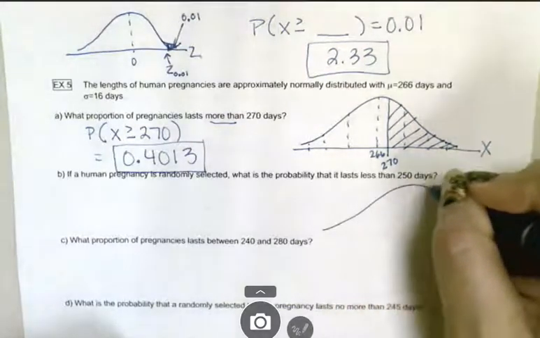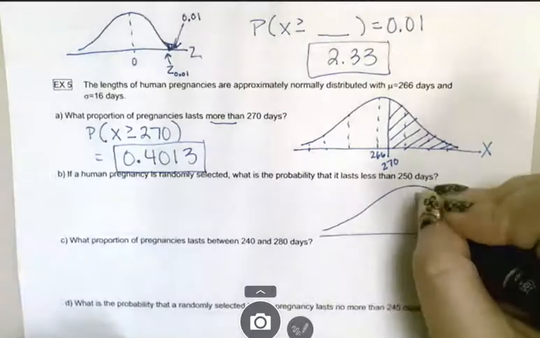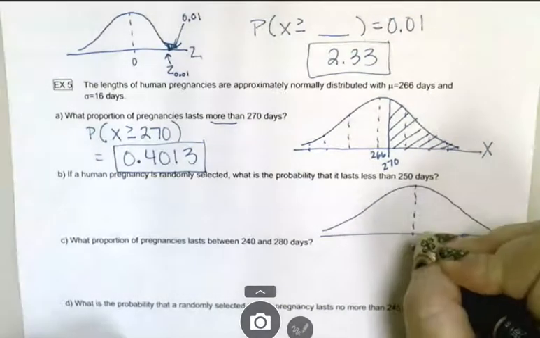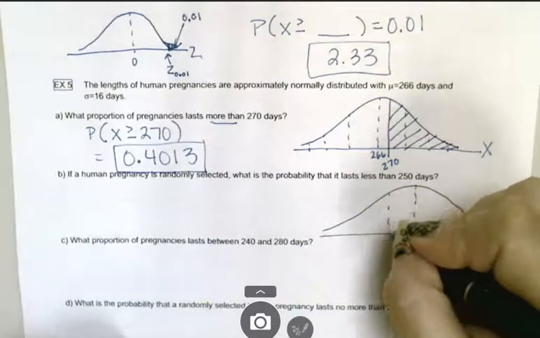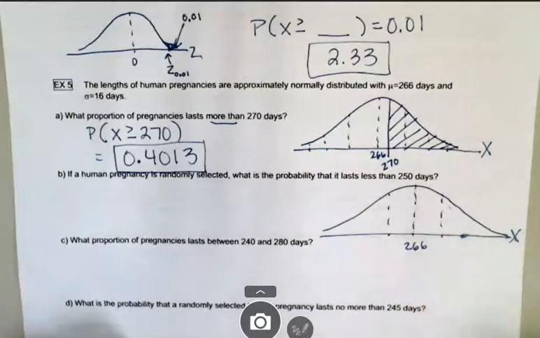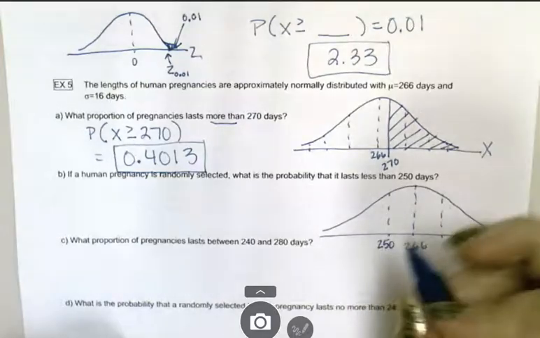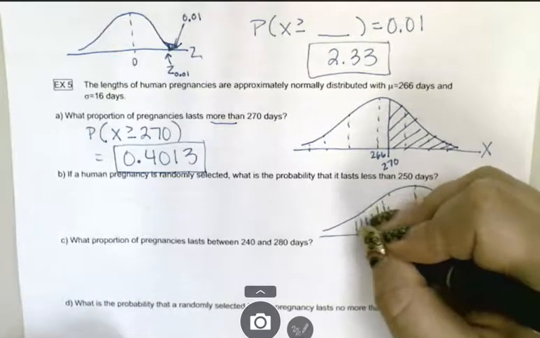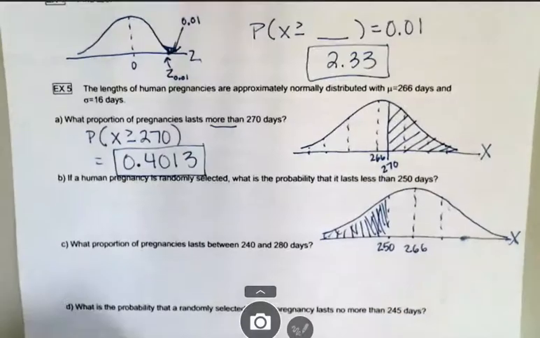So I'm going to draw my curve again, just like on every problem. I know you're going to get really tired of it. I'm sorry about that. So 266 and our standard deviations. We want to know the probability that a randomly selected human pregnancy is less than 250. 250 happens to be exactly one standard deviation, and less than is obviously to the left.